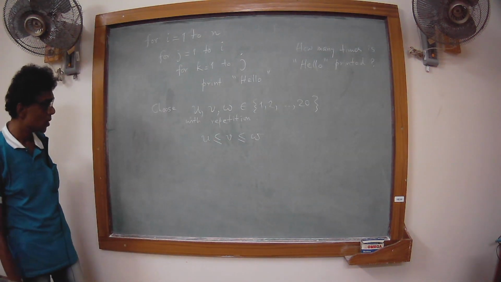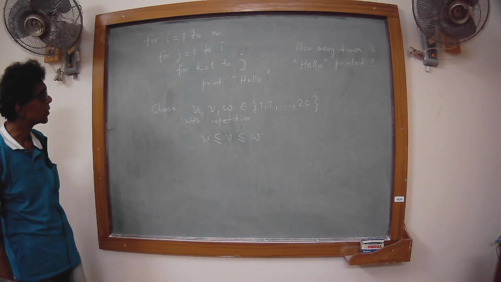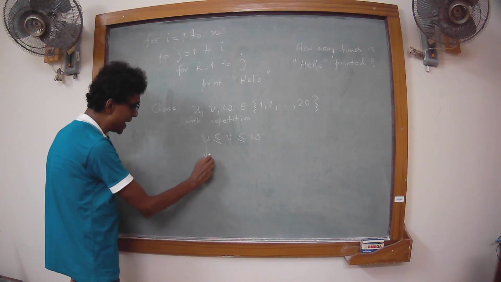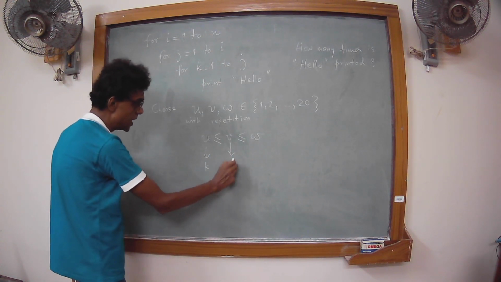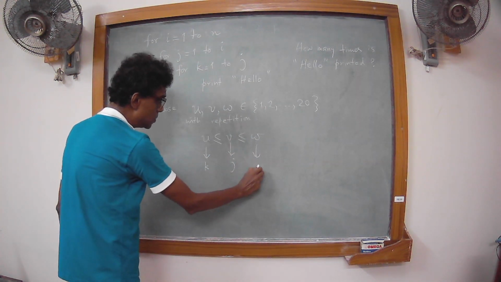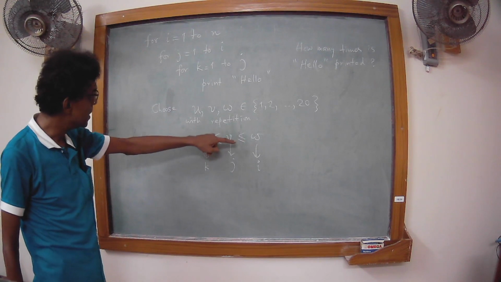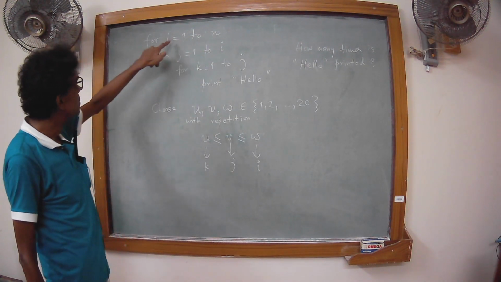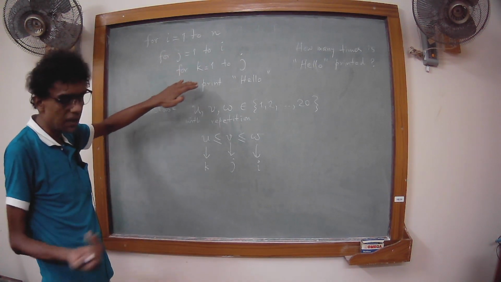Now, I can sort them and call them u, v, w in that sequence. Now, if I assign the value u to k, v to j, and w to I, then for every such choice of u, v, w, hello is printed once. So here I is the largest one, j is the next smaller one, k is the next smaller one.